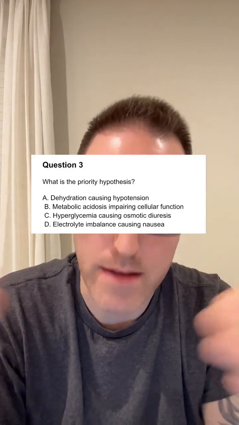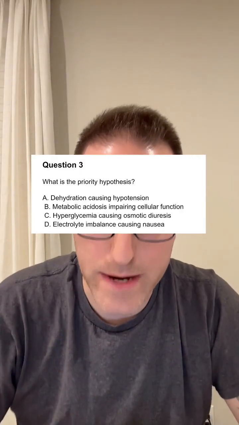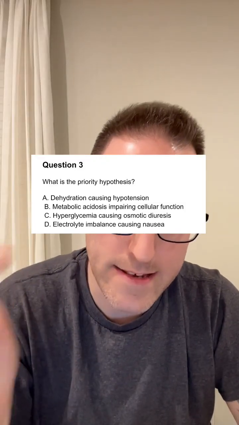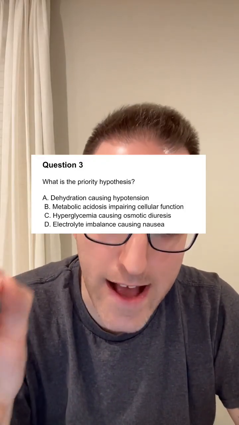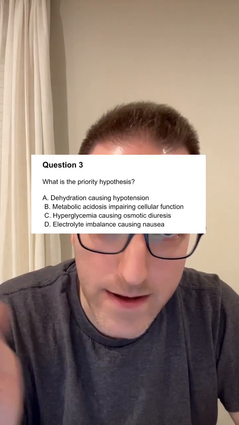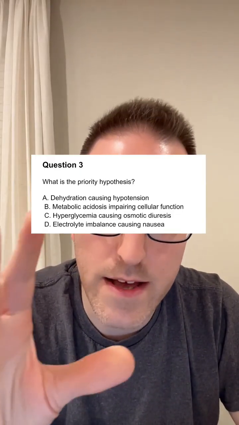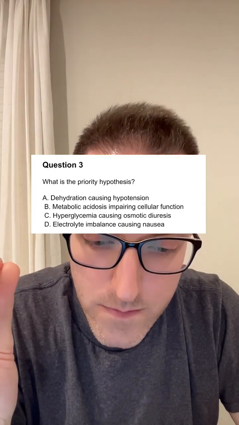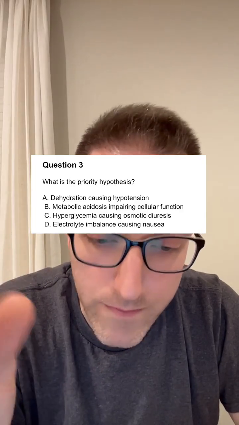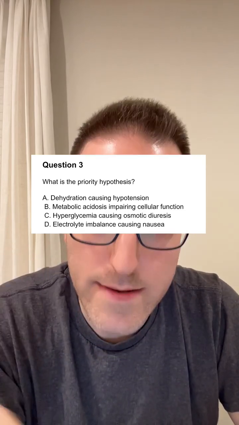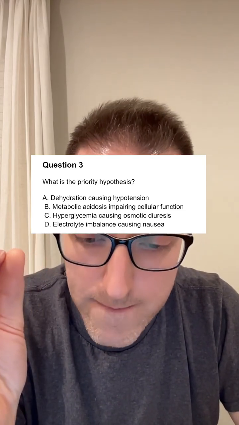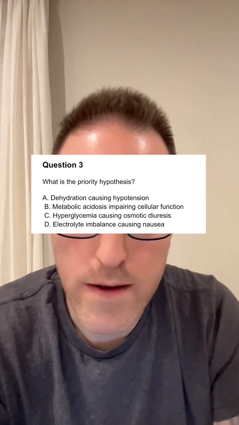The answer here is B: metabolic acidosis impairing cellular function, because the acidosis shuts down cells. Everything else here is background noise. So we prioritize the hypothesis.